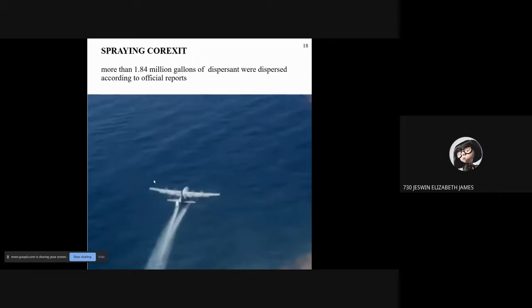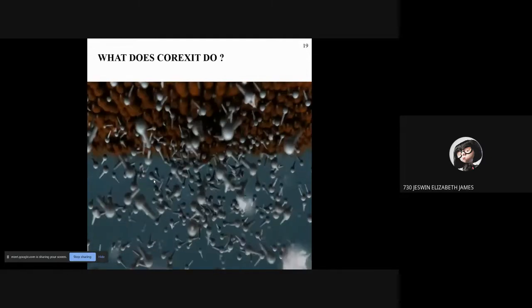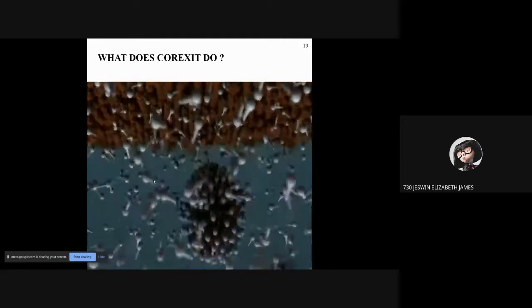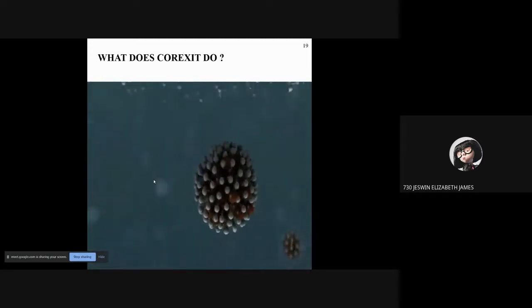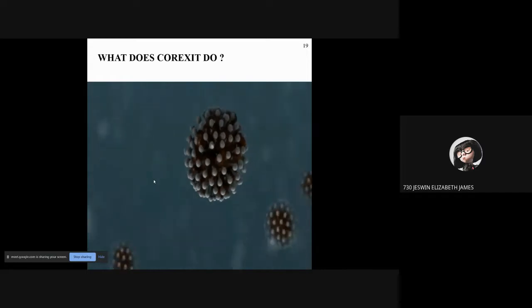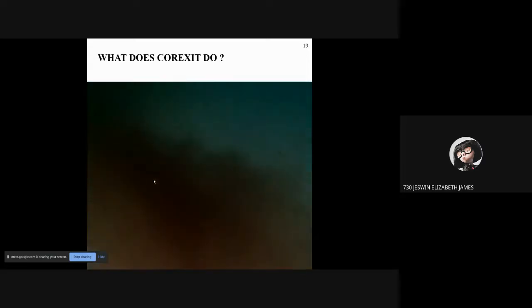Now, what Corexit does is that it is a combination of chemicals that will break the oil down into tiny globules. As you can see in the animation, the chemical is trying to break down the oil into tiny globules, thus sinking it into the ocean bed, where it will remain suspended. Now, this is a real video showing the oil globules being dispersed in the ocean bed.